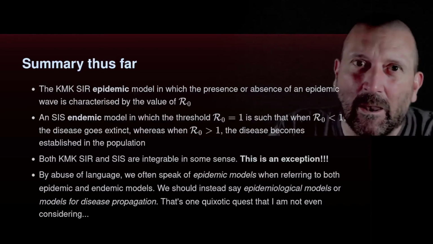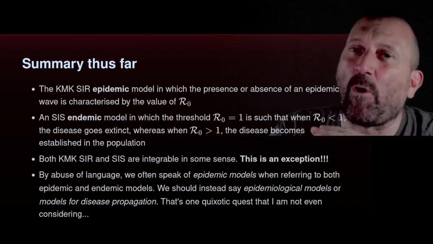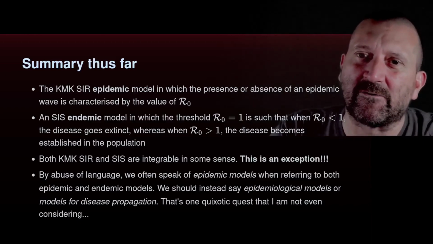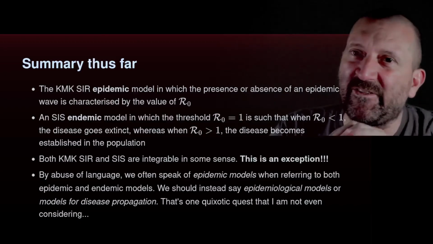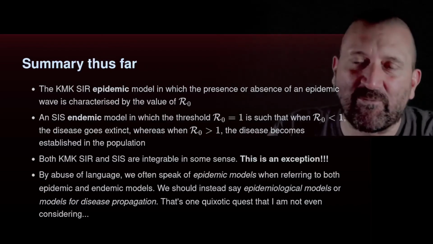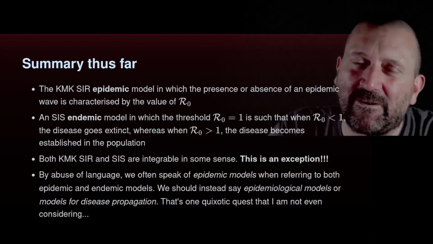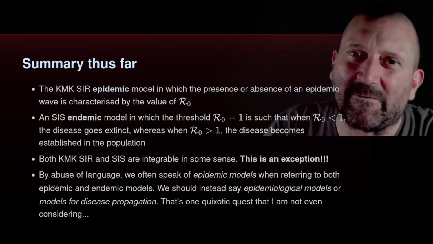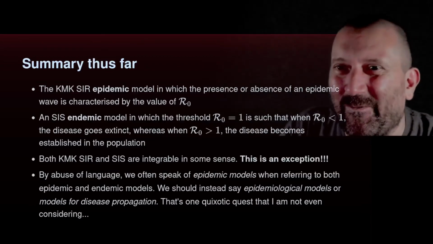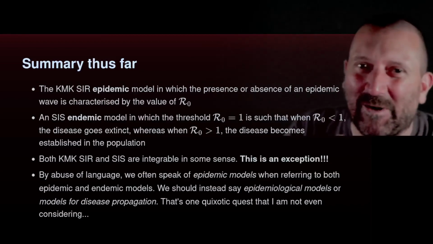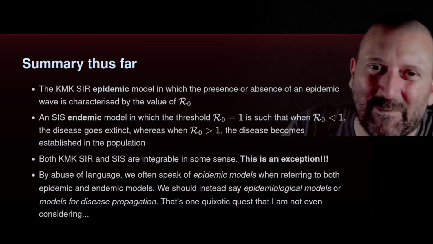I mean, in one, I know the disease always goes extinct. I'm just wondering whether it goes through a peak or not. In the other, the disease either goes extinct or is present all the time. So these are very different situations, but yet we call everything epidemic models. Okay, but this is not even something that I try to apply myself. I will say epidemic models sometimes, but never mind.